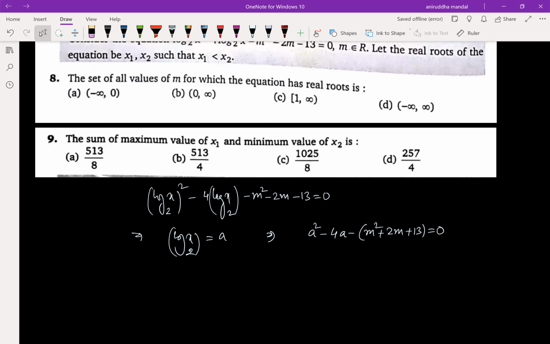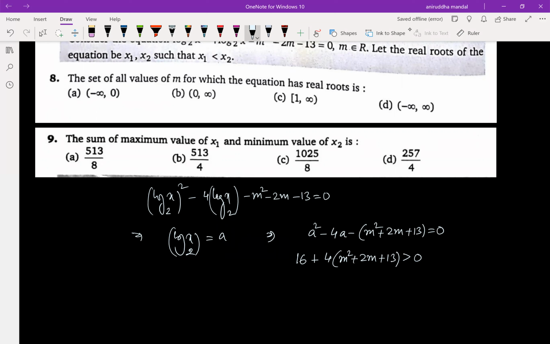To find the real roots of this equation, D should be greater than 0. So that is b², which means 16, minus 4ac, should be greater than 0.